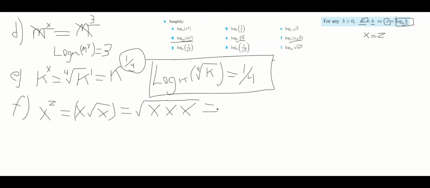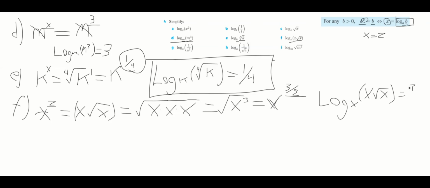And so this equals square root x to the power of 3. Or you can also write it as x to the power of 3 over 2. So that means z equals 3 over 2, because we're just canceling out the bases again. And so that means our entire equation, again, just equals 3 over 2. Log base x of x square root x equals, that is the worst 3 of my life, 3 over 2. Yes, that's a 3 over 2. I know it looks horrendous.